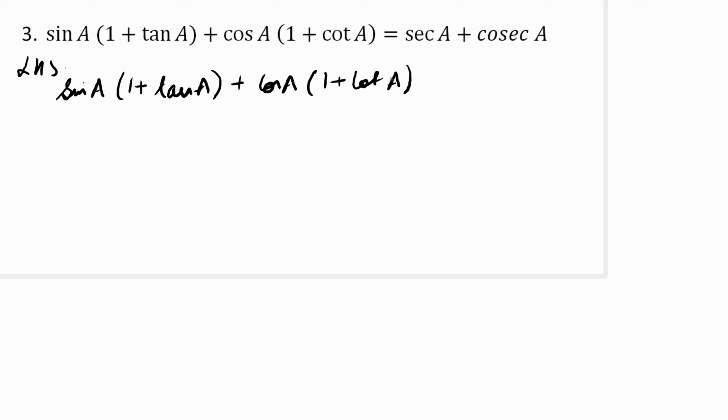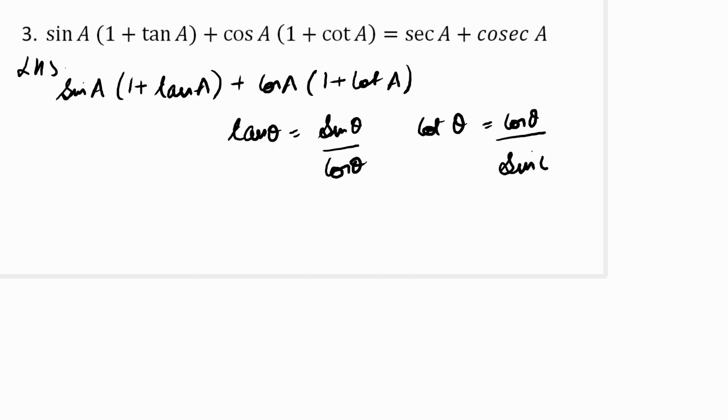See, the easiest thing to do is convert everything into sin and cos. So tan theta I can write sin theta upon cos theta, and cot theta I can write cos theta upon sin theta. So if I substitute these values, what will I get?